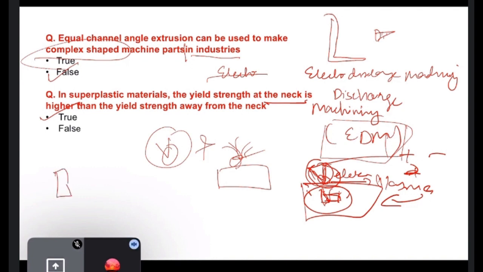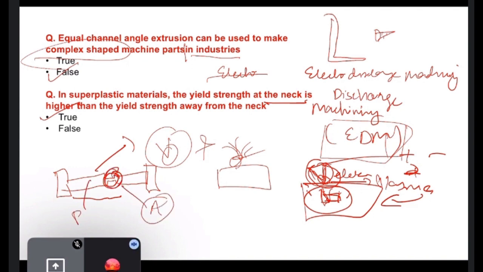If I have this dog bone sample, so this is the neck, and this is your remaining material. The question is saying this part is much stronger than the remaining part of the sample. But this is very small. Then why does it have a very high yield strength?